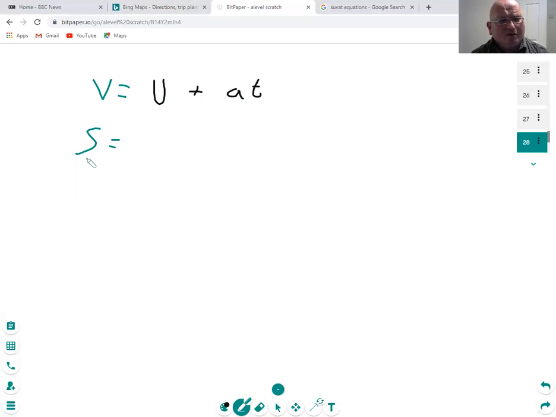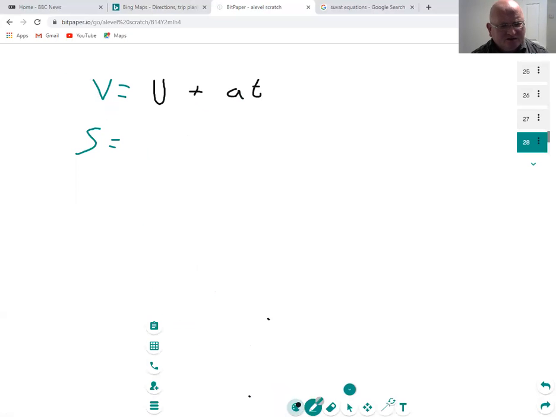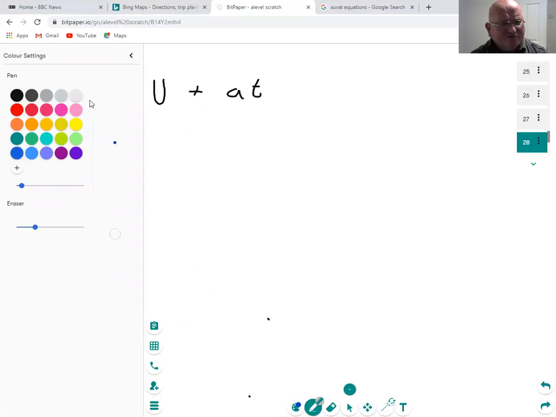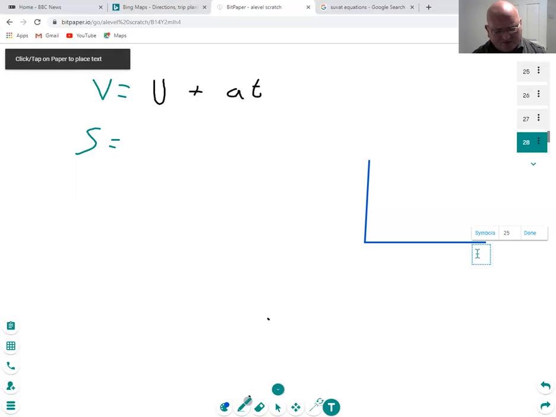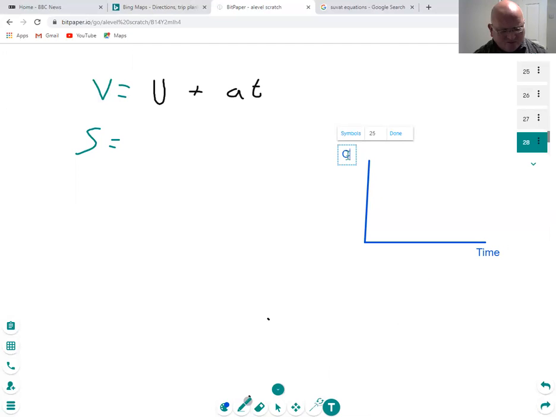Now the next one we're going to look at, we'll draw a little graph for this one. I'm going to go over to my line drawing tool and change the colour, because I like changing colours every so often in these films. Let's draw a little line, that's the time travelled, and that is velocity.